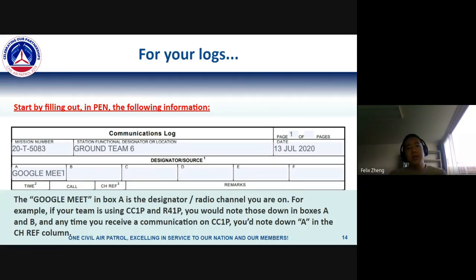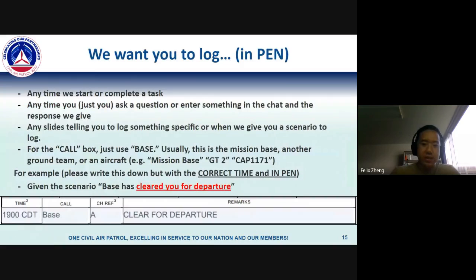So throughout this lesson tonight, we'll be going through your logs and you'll be noting down different things. And I will always denote that by red text and underline. So we want you to log a multitude of things. Anytime we start or complete a task, I will remind you of this.